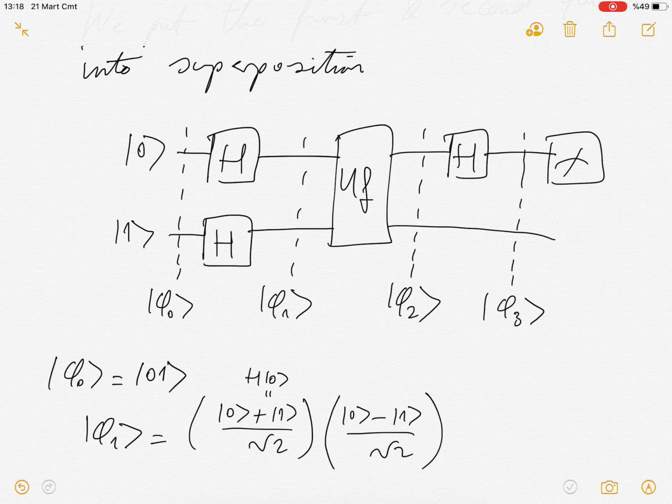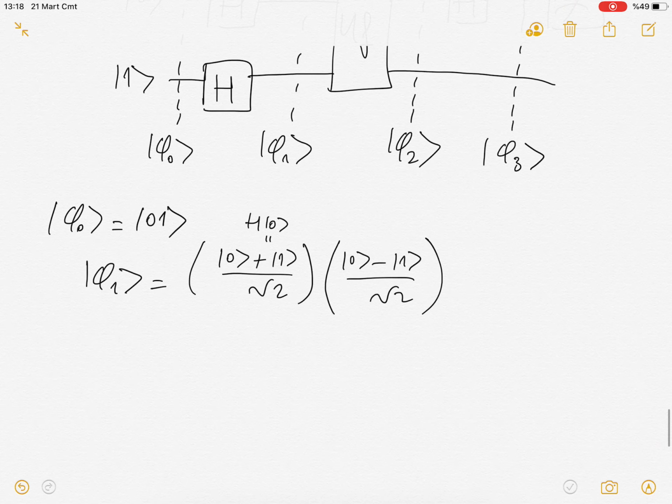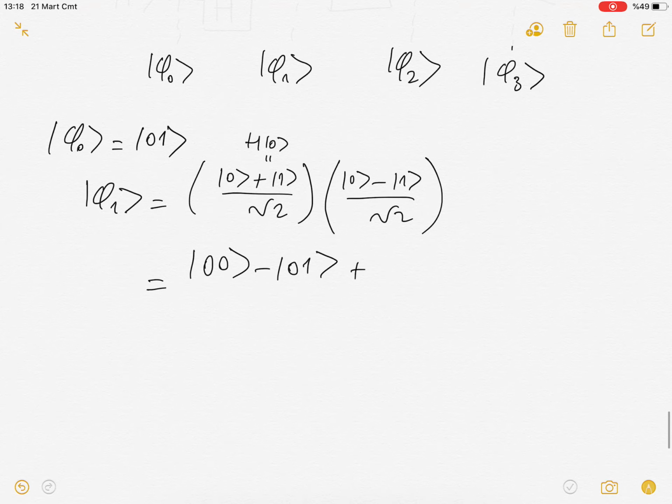So if we distribute it, this will be equal to (0,0 minus 0,1 plus 1,0 minus 1,1) divided by 2.